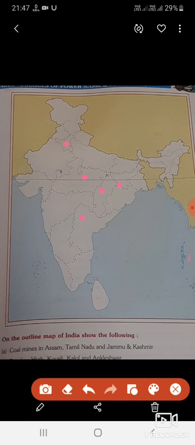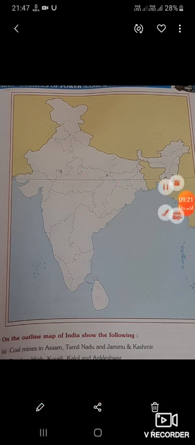They neither have an international border, nor do they lie on the coast.